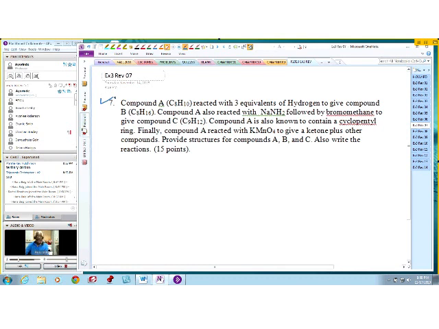So this is one question where you now have to begin to think. In addition to knowing your reagents, now you have to begin to use your critical thinking skills. We call this a roadmap problem. So let us start. We have compound A. The formula for compound A is C8H10.